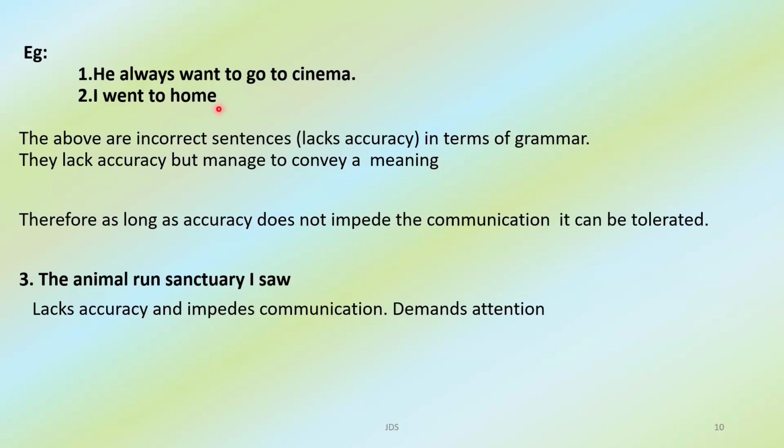Similarly, I went to home. The meaning is expressed. Therefore, they are known to be fluent sentences which lack accuracy. These kind of sentences can be accepted in the speaking skill. In the spoken language, these kind of sentences can be accepted.